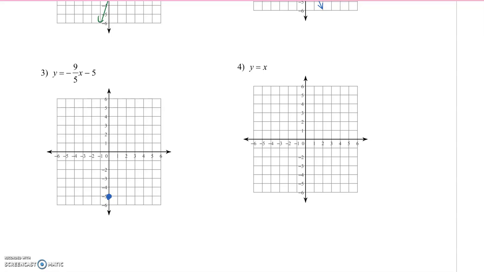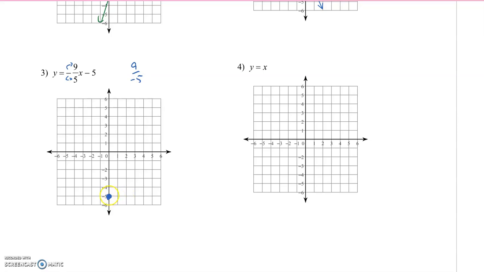I've got a rise of -9, but I can't go down 9 because I don't have enough room. But this negative here, you can attach it to the top or the bottom. It doesn't make any difference. So instead of attaching the negative to the 9, I'm going to attach it to the 5. So I'm going to treat this as 9 over -5.